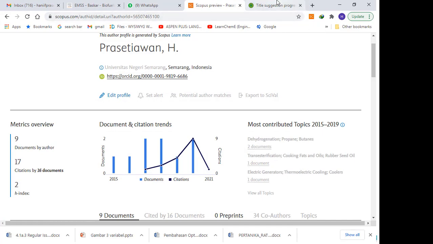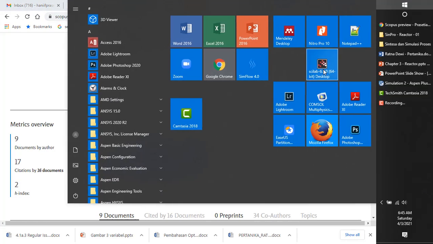I want you to make a simulation of a reactor based on the chemical reaction engineering book, handbook, any handbook. You can find any handbook of chemical reaction engineering which includes a kinetic reactor. You can choose either using CSTR or plug flow, or if you want to do both, it will be better.